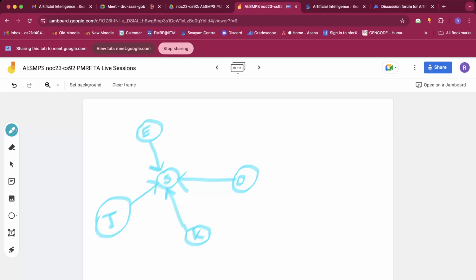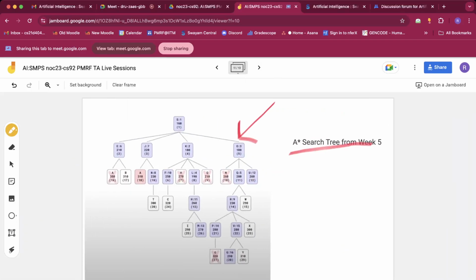Okay, so that's all this arrow tells us. Okay, let's mark S with a different color to say that it has been visited. Okay, so S has been visited already. As per A star, what was the next node that we explored?